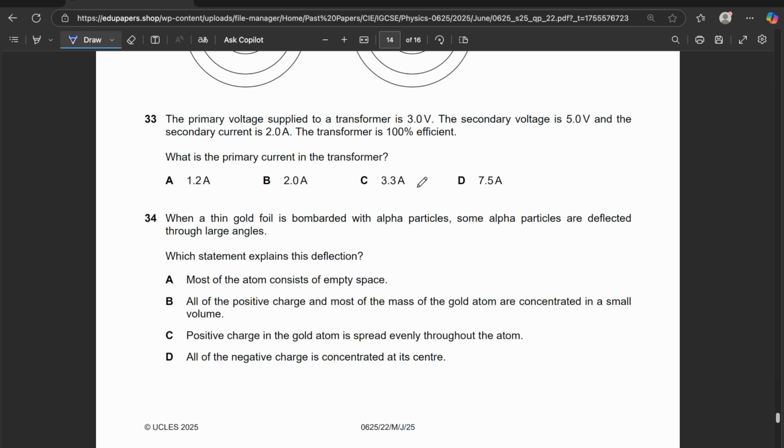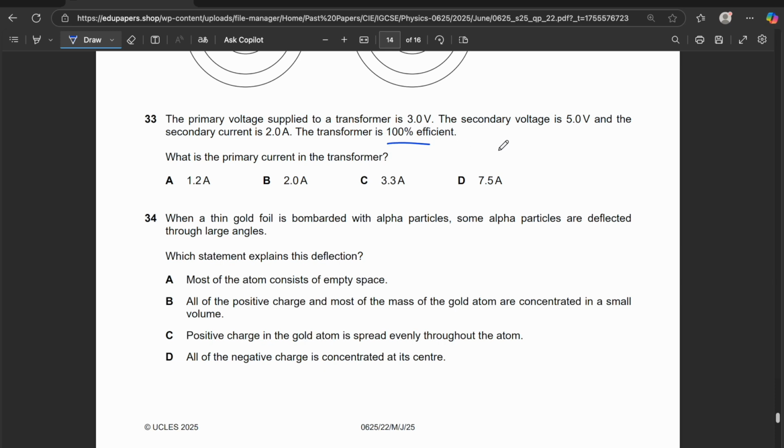33. The primary voltage supplied to a transformer is 3.0 volts. The secondary voltage is 5.0 volts and the secondary current is 2.0 ampere. The transformer is 100% efficient. What is the primary current in the transformer?